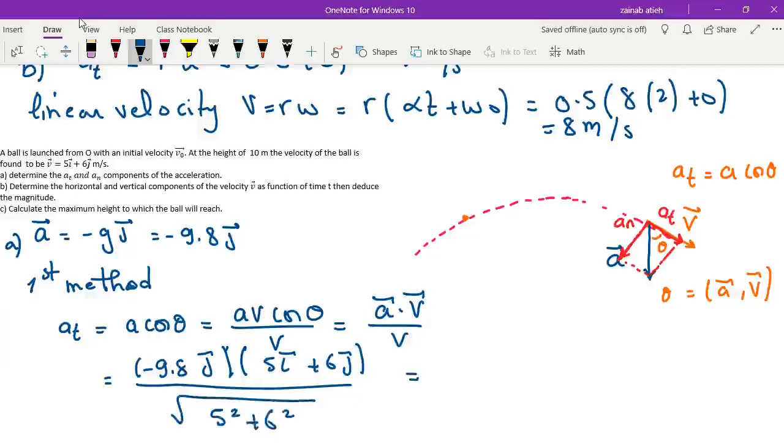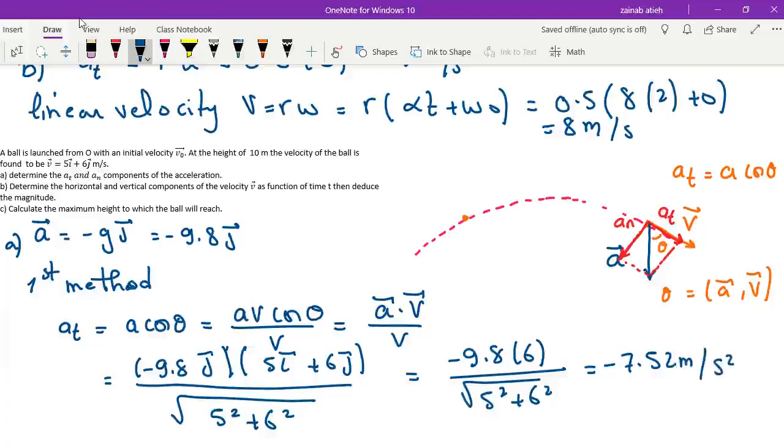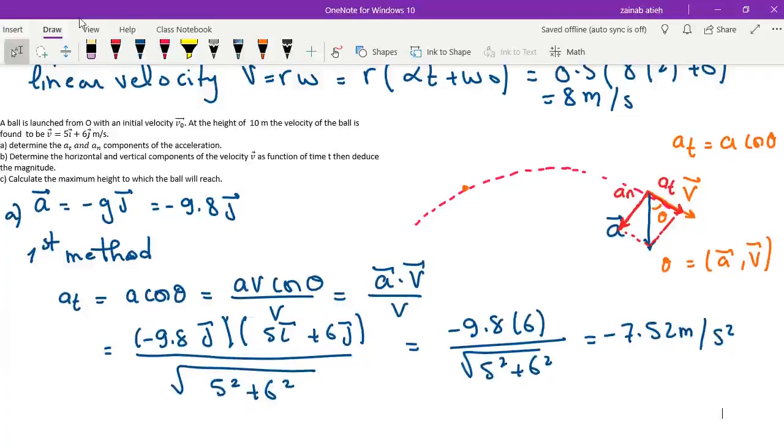So on top I get minus 9.8 times 6 over radical 5 squared plus 6 squared, which is equal to minus 7.52 meters per second squared. Okay, when AT is negative, this means its direction is opposite to the chosen positive sense. In the drawing I made here, AT is in the direction of the chosen positive sense.